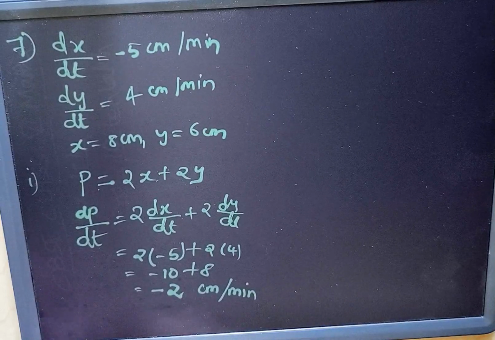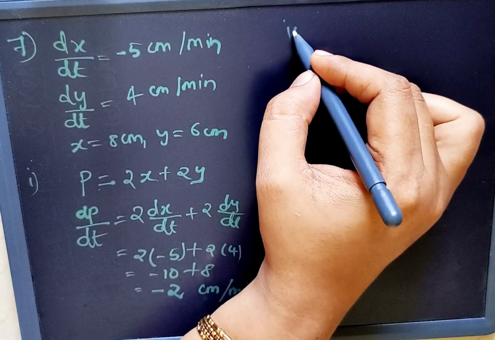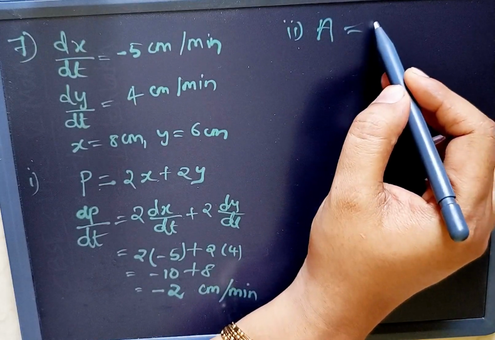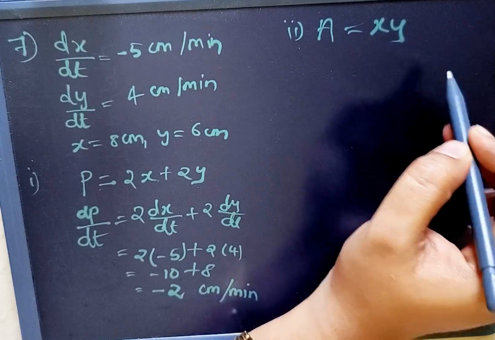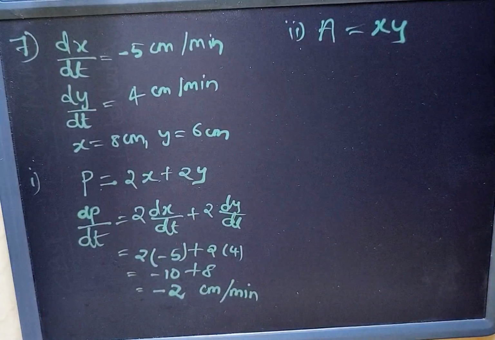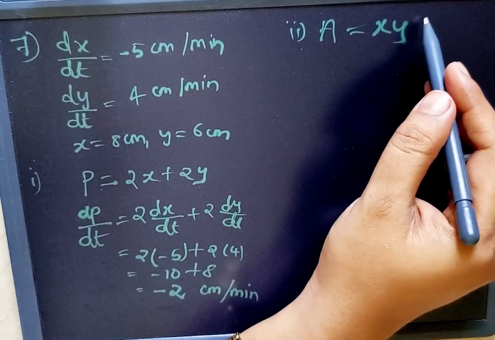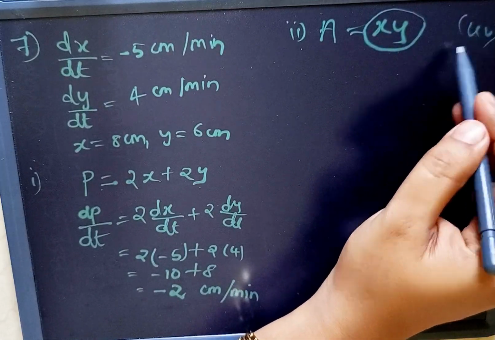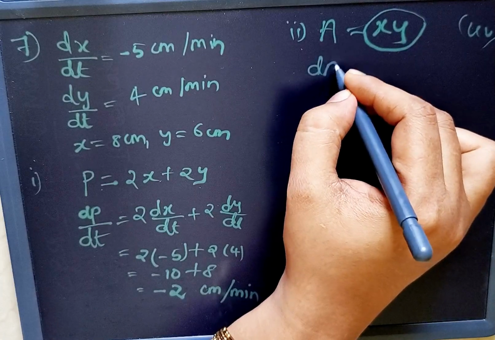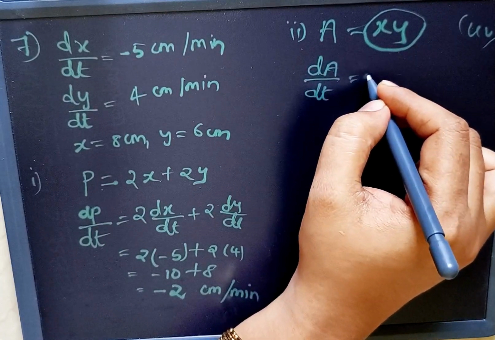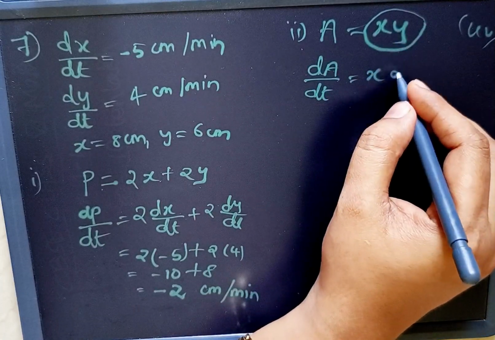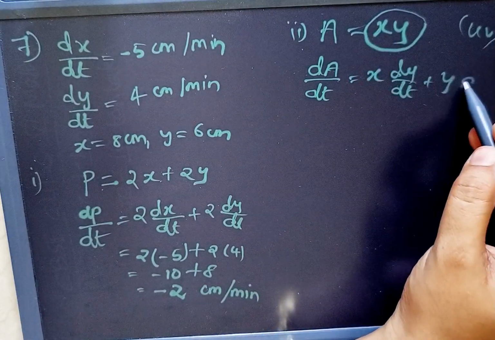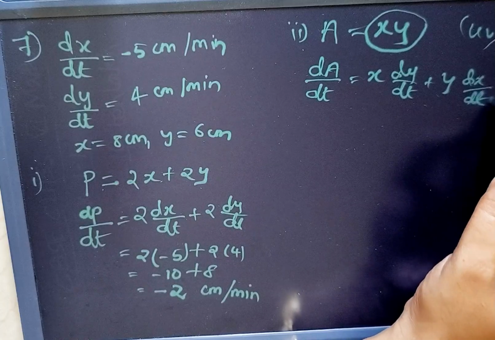Second subdivision, area of the rectangle. So area of the rectangle we denote it as capital A. We know it is length into breadth. Here length and breadth are x and y. So it is x into y. Now differentiating both sides with respect to t. Here both are variables, so we apply the uv dash rule, the product rule. So dA by dt equal to x into, when we differentiate y with respect to t, we get dy by dt, plus y into, when we differentiate x, we get dx by dt.